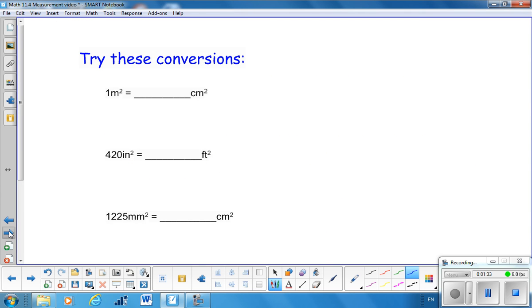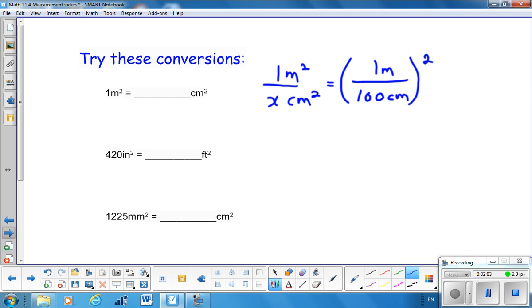Let's look at how that works. So if I have 1 meter squared, and I want to change that to centimeters squared, I need a conversion factor. Well, on our formula sheet, we can find that 1 meter is equal to 100 centimeters. But because our units are squared, we would have to square the conversion factor.